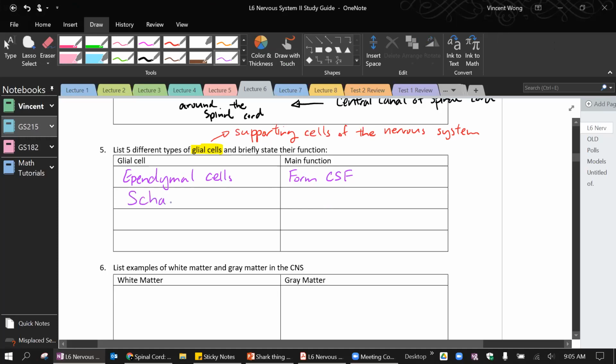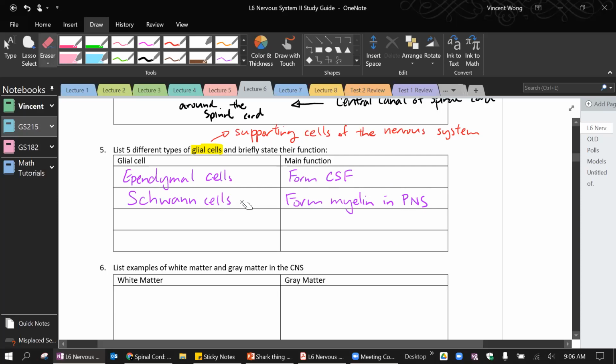Schwann cells, yeah. Sorry, Schwann cells. And their job is to form myelin in the PNS, the peripheral nervous system, anything that's not brain and spinal cord.